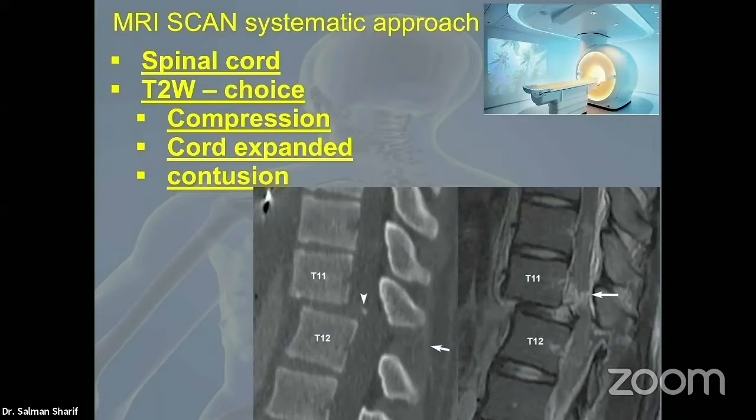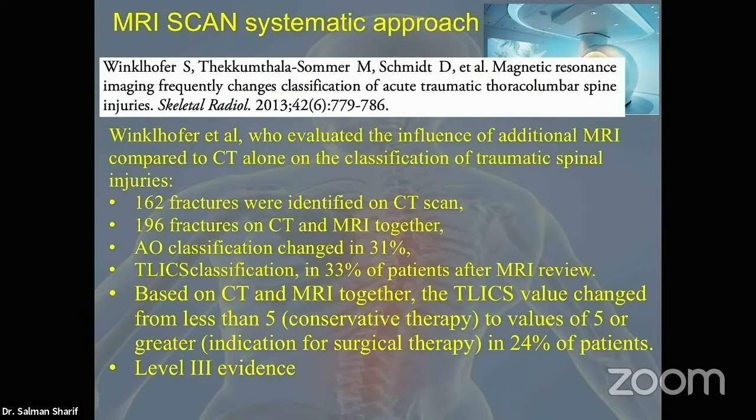With T2, we evaluate problems with the spinal cord. I found a couple of good papers which are important for the statements that I'm going to make, and I'm going to ask you to vote on that.